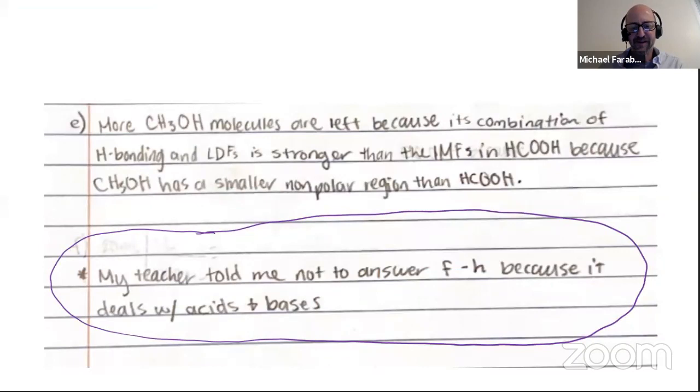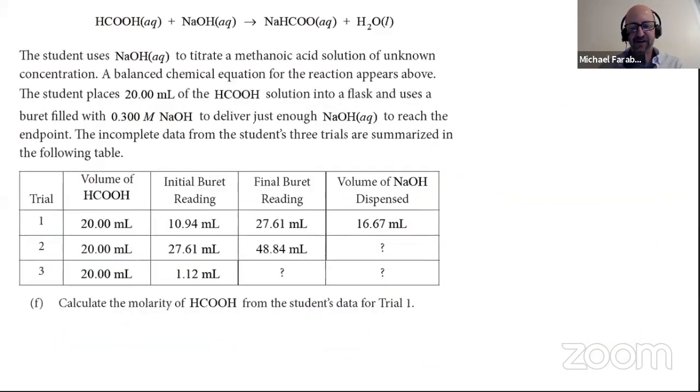So here is a molarity calculation, which is based on the volume of sodium hydroxide that was used in this experiment to titrate a 20 milliliter sample of the methanoic acid. So we are given the volume in trial 1 and the molarity of the sodium hydroxide.